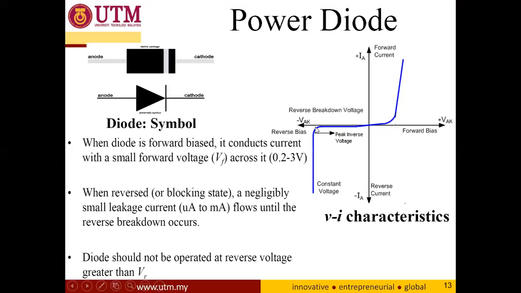When the voltage applied across the cathode and anode is over its limit, it will break down, and breakdown means that the diode will short circuit and the current will flow. So this is the breakdown of the diode. The diode can no longer be used.